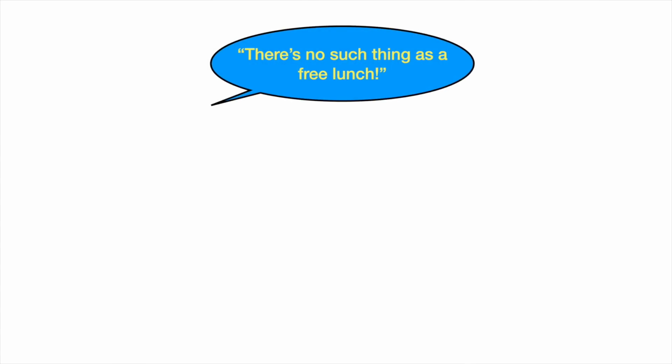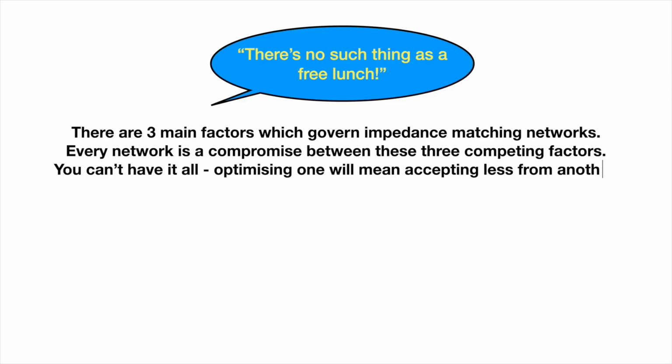Now, a wise person once said, there's no such thing as a free lunch. And whilst these two components are able to match most impedances, with just two components, which is pretty impressive, there is no such thing as a free lunch, and there's a fair degree of compromise.